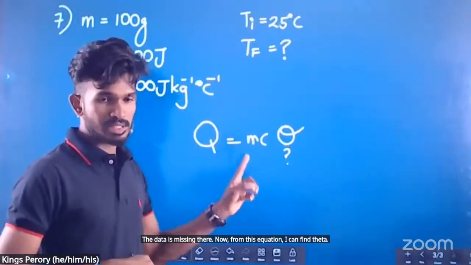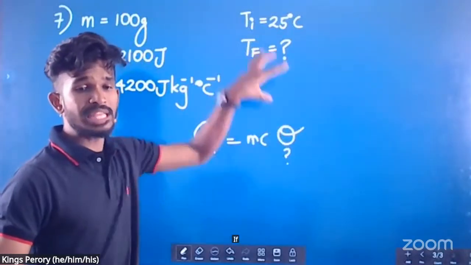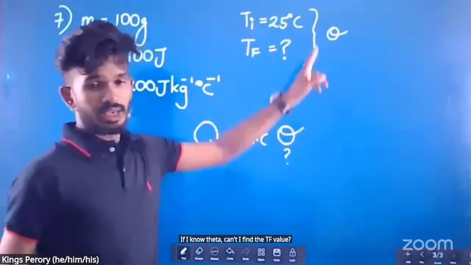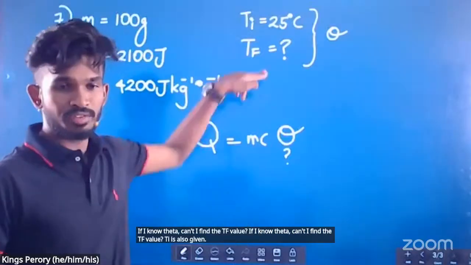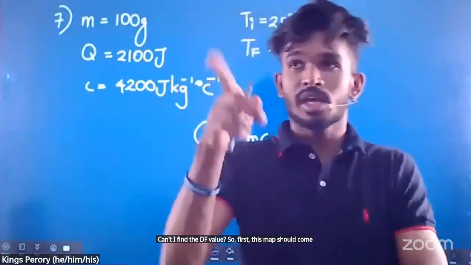If I know theta, can't I find the Tf value, since Ti is also given? So this is the plan that should come to your mind. Q equals mc theta.